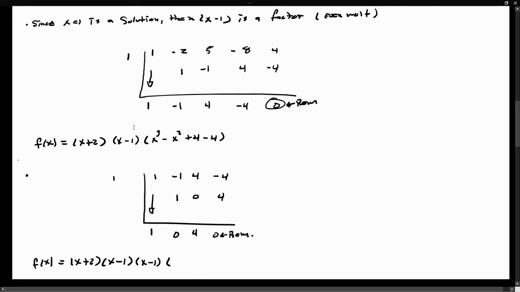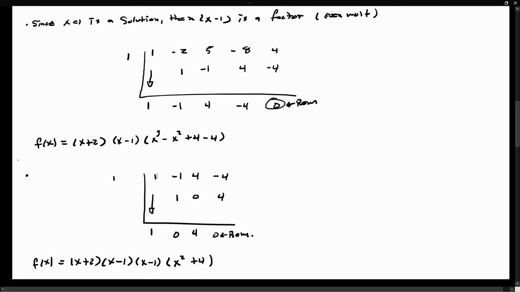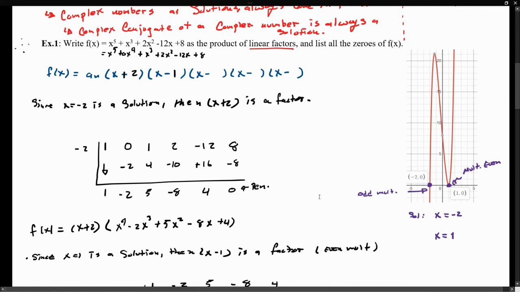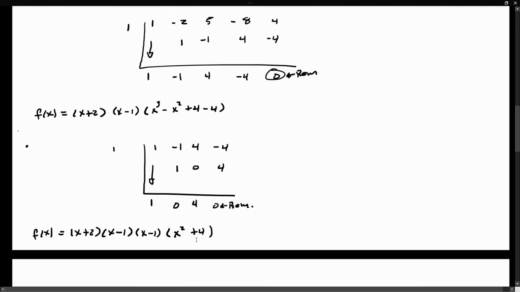So 1 should be the coefficient for x squared, then we got 0x, and then we got plus 4. So now I know that my second factor is also x minus 1. So all we're missing are just two more factors here, and we can get them from this expression.